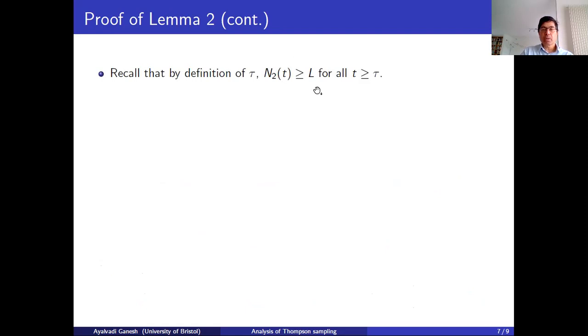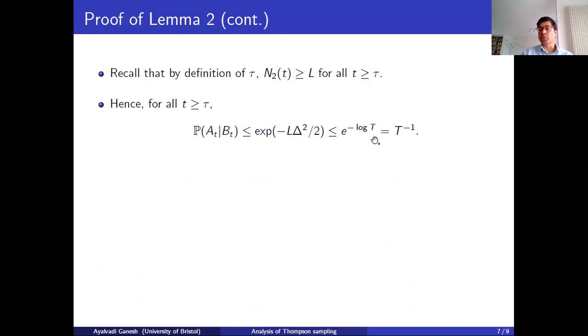By definition of tau, N2t is at least as big as L. And so we conclude that this conditional probability of At given Bt is at most e to the minus L times delta squared over 2. And L was 2 log t over delta squared. So when you multiply this out, you get e to the minus log t, which is 1 over t. So the conditional probability of At given Bt is at most 1 over t.